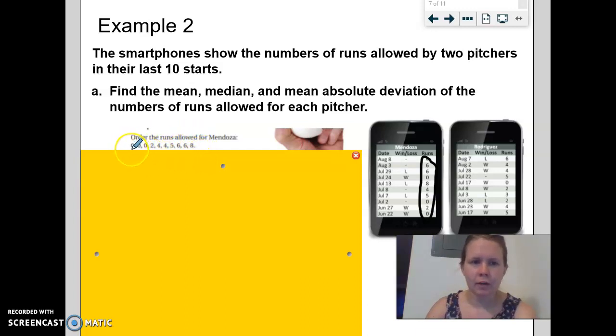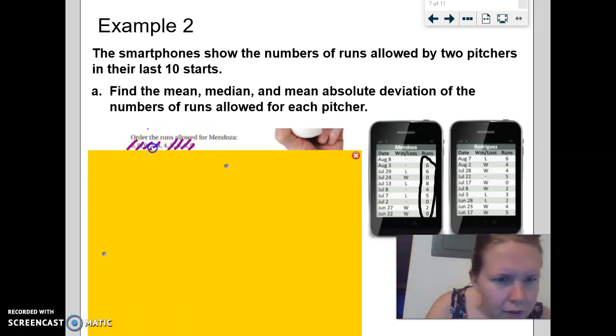With your median, you're crossing off to find the middle. So let's do it together. 3 on each side so far, 4 on each side. Oh, it looks like your median is going to be that 4, because that's right in the middle. Did I count that right? I missed one. Sorry, there are going to be both these two 4s.